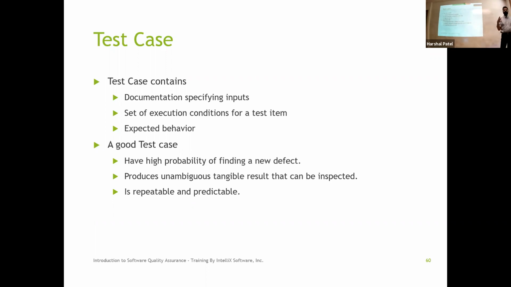What is the scenario or condition for this particular test scenario? And then, what is the expected behavior? That means if I'm running this input, and here is the state of the system, what output should I expect? Okay. So your test case should have all 3 pieces of information.